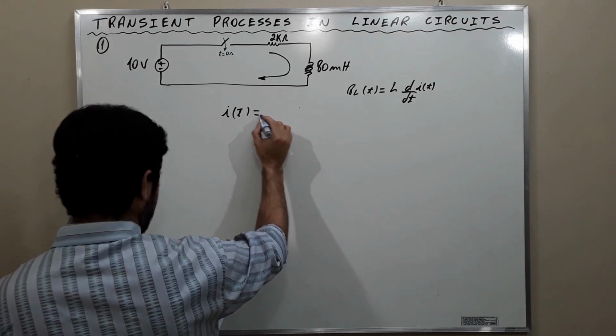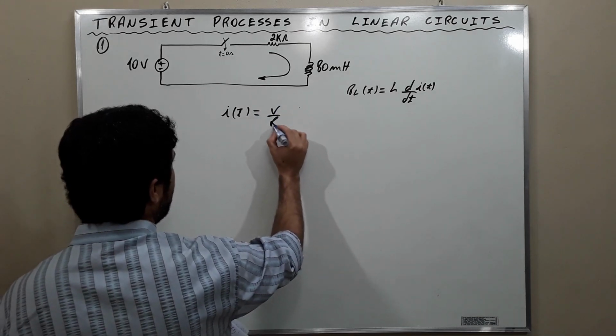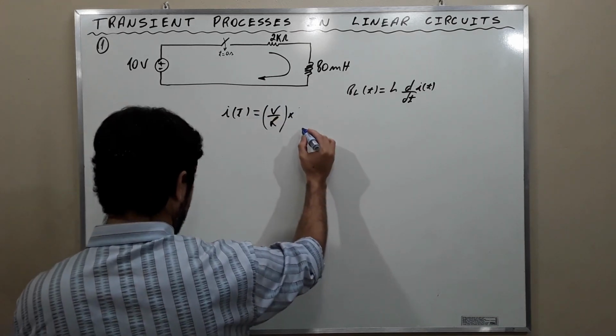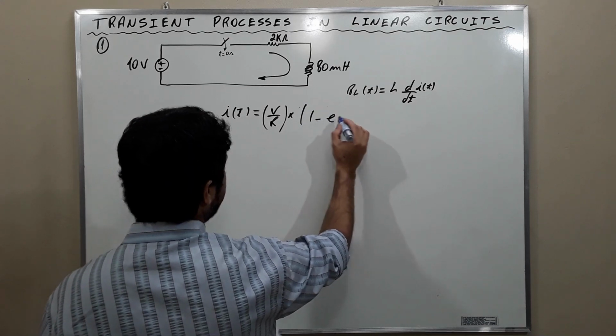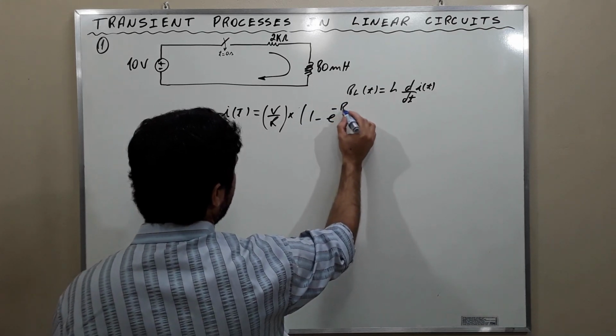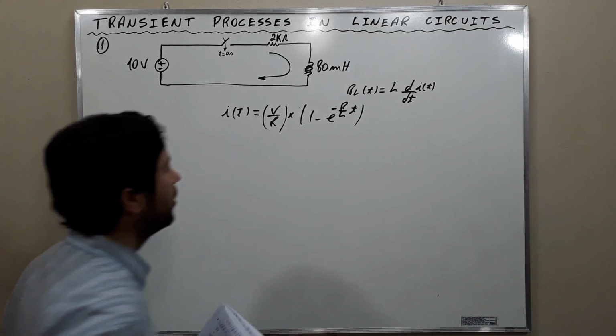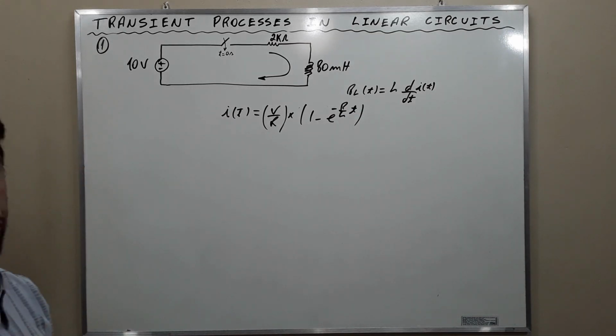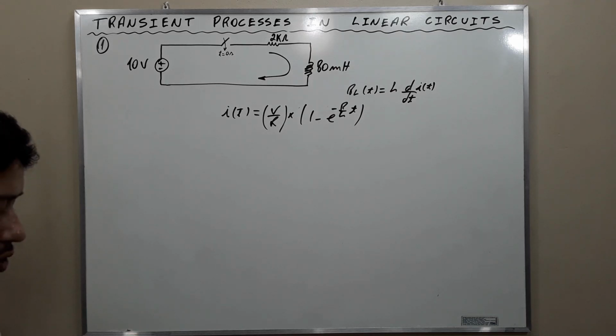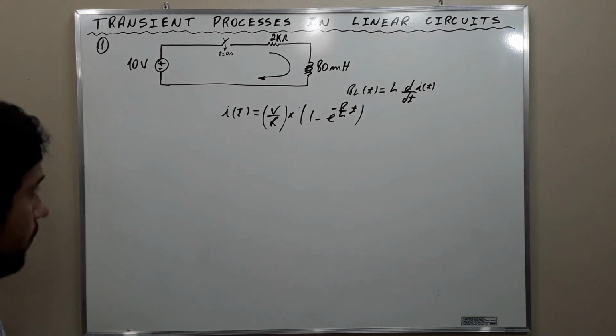I of t is equal to V over R times 1 minus e raised to the power of minus R over L times t. This is the general solution with both parts, the homogeneous solution and the particular solution.